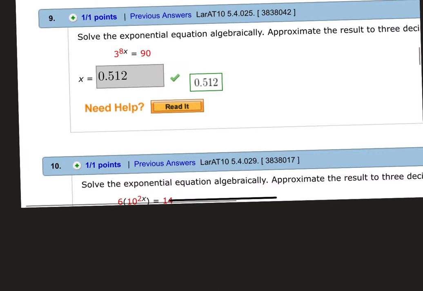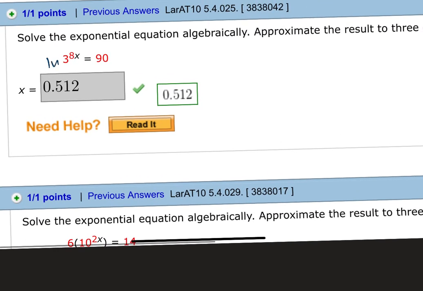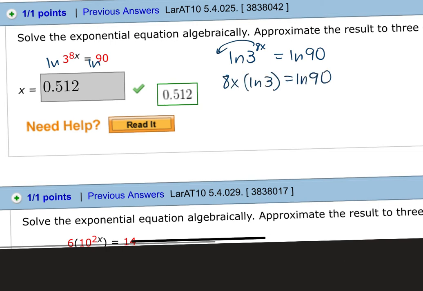This says 3 to the 8x equals 90, so it's already exponential, and they can't change the base. So I would ln both sides. ln of 3 to the 8x equals ln of 90. Bump this forward: 8x times ln of 3 equals ln of 90. Divide both sides, and you can do them both together, 8 and ln of 3.